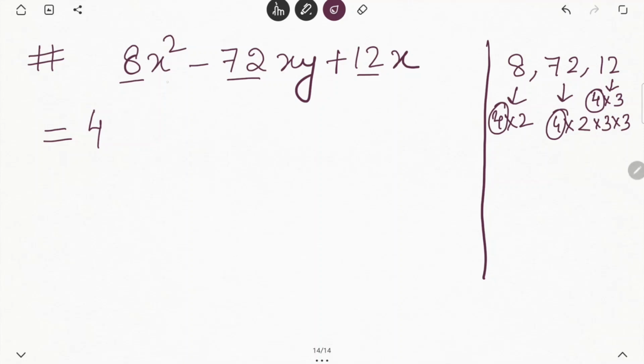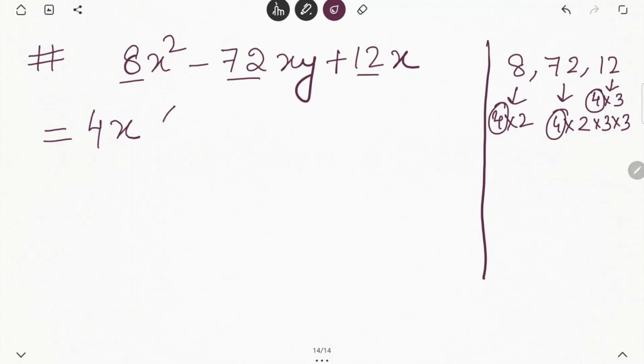See, in the first term there are 2x. In the second term there is 1x, and in the third term there is also 1x. So which is the smallest number of x? That is 1. So I will take a single x outside, right?